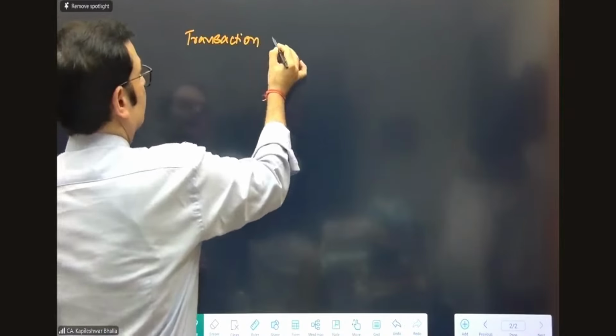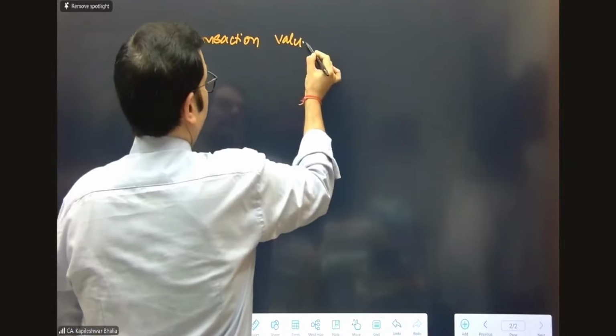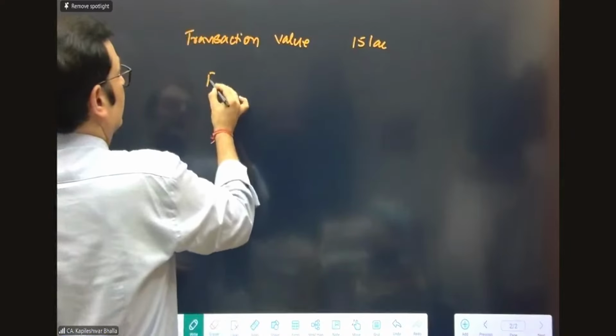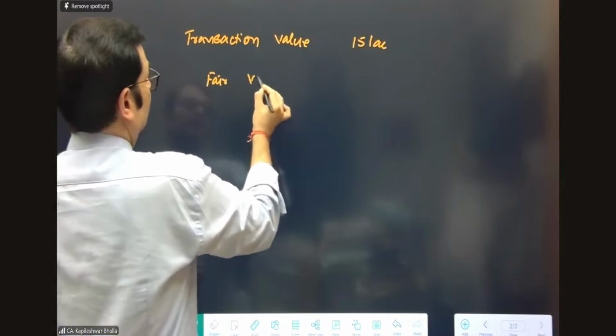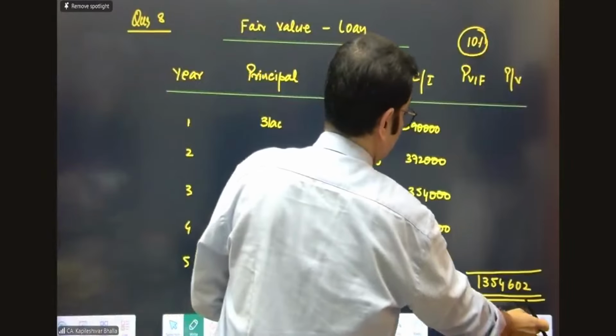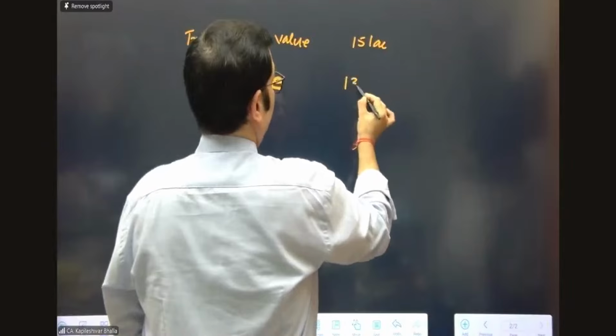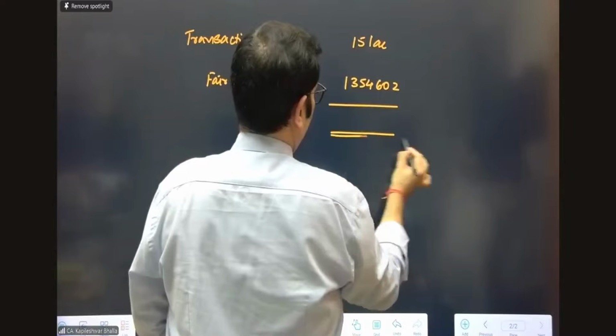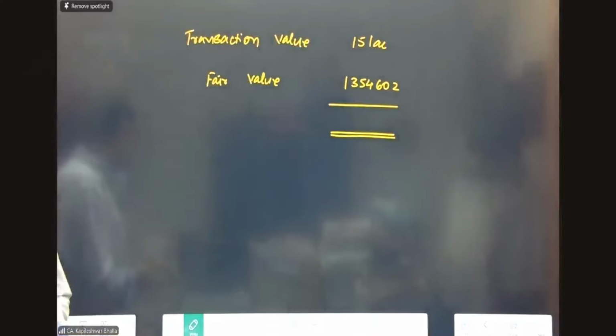So as far as the transaction value is concerned, that is the loan value, which is to the extent of 15 lakhs. And we've already made the calculation of the fair value, that is supposed to be 1354,602. So we take the difference between the two, which is to be accounted for separately.